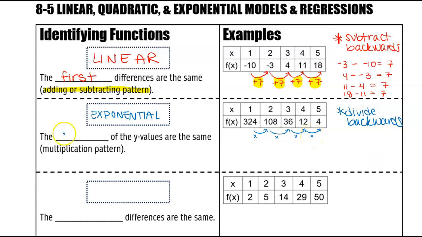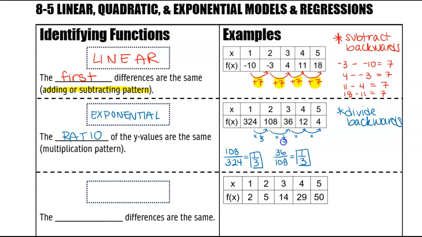This is also called the ratio of the y values. A ratio is what I get when I divide backwards. So if I did 108 divided by 324, I would get 1/3 or 0.33 in my calculator. Then if I did 36 divided by 108, dividing backwards, I would get 1/3 as well.